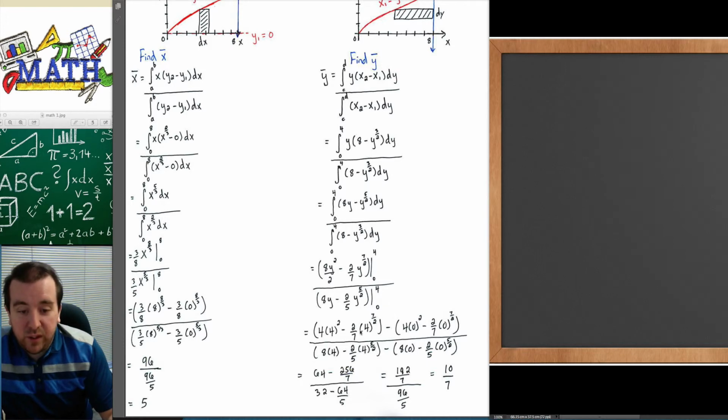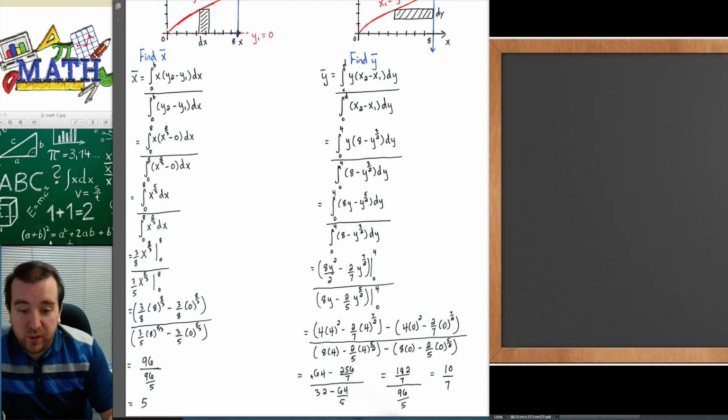So then we need to figure out these top and bottom here. So 4 times 4 squared, well that's 4 times 16, so that's 64. Now 4 to the 7/2, now that is the square root of 4 raised to the 7, which is 2 to the 7, which is 128 times 2. That's 256, and then divide that by your 7. And then you have a little bit of fraction subtraction to do here.